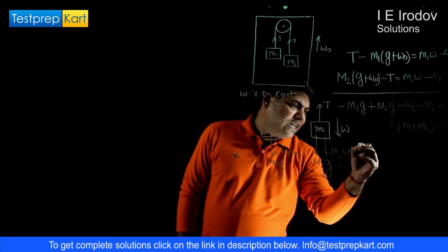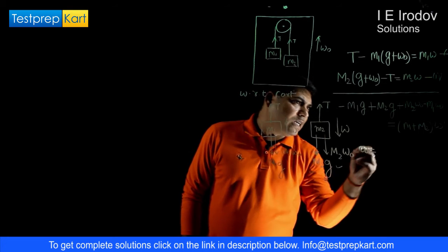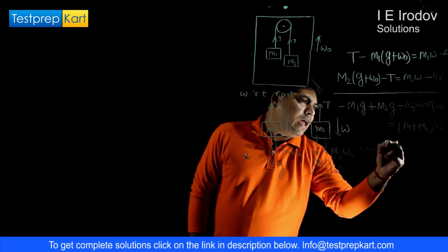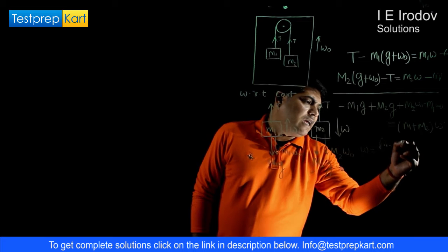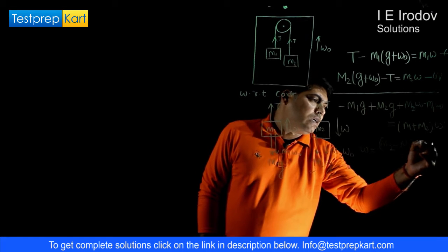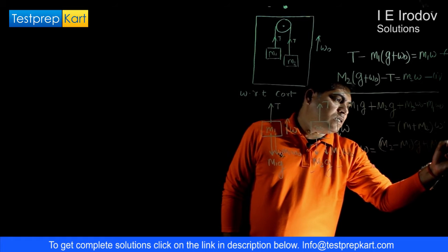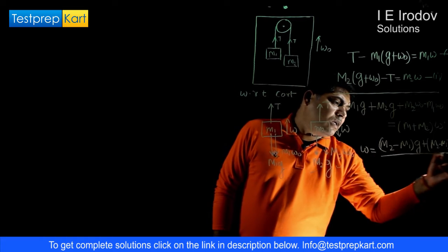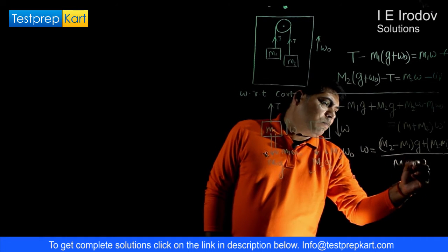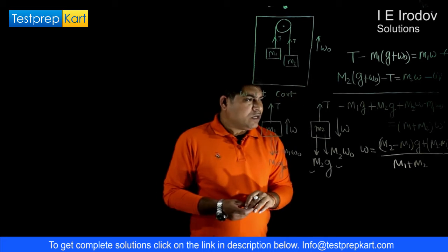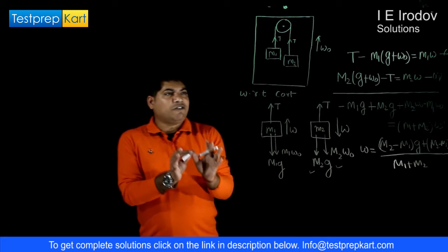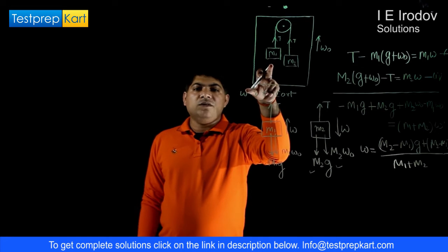If we rearrange this, then we'll get omega is equal to (M2 minus M1) G plus (M2 minus M1) omega naught, divided by (M1 plus M2). So here we have got the expression of acceleration with respect to this cart.